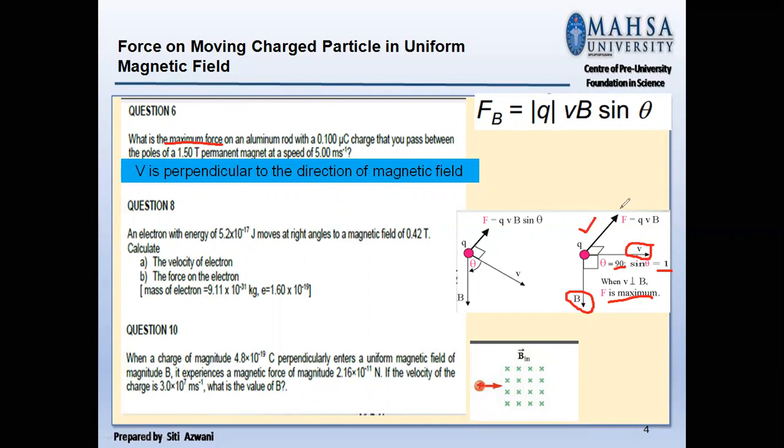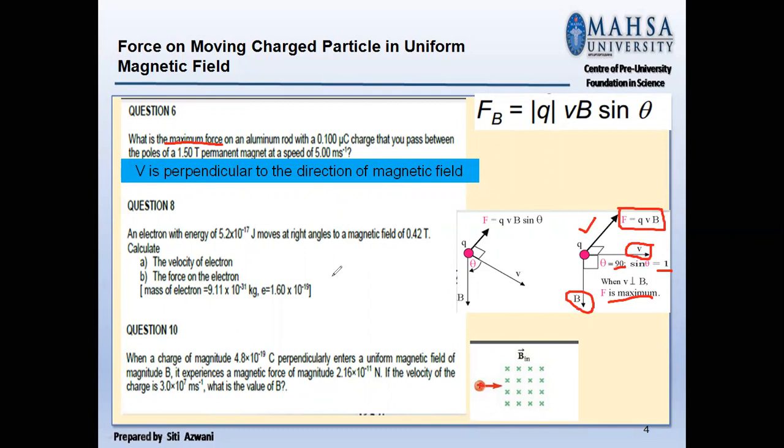So you have your formula F equal to QVB. It is the same working solution for question 8 and question 10, because it's perpendicular.